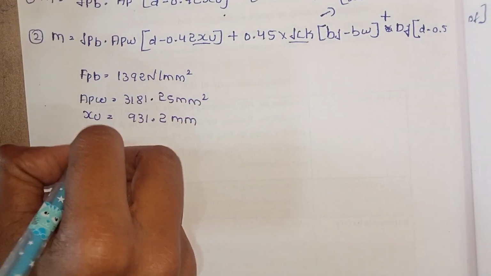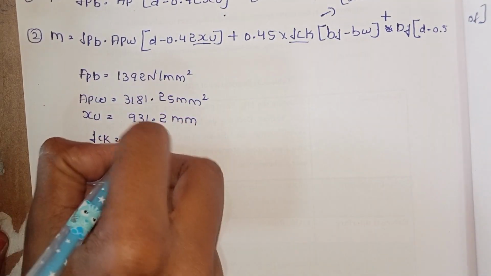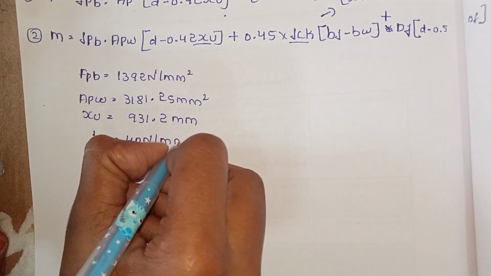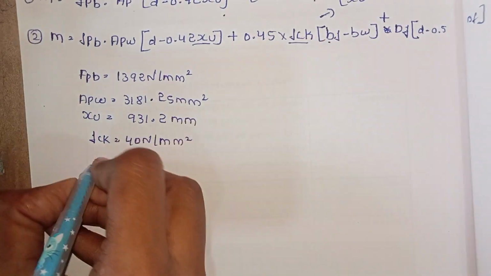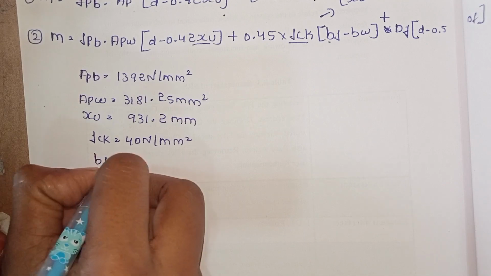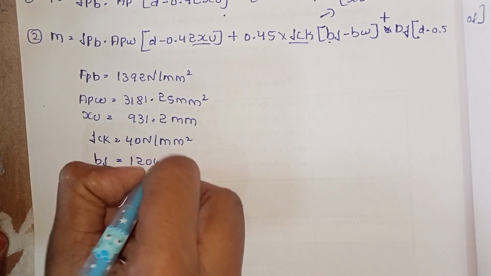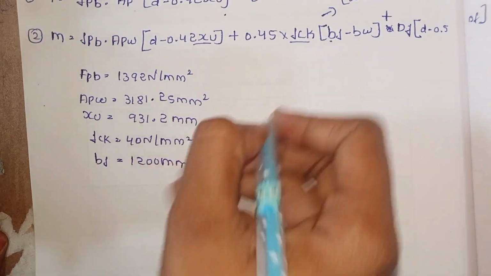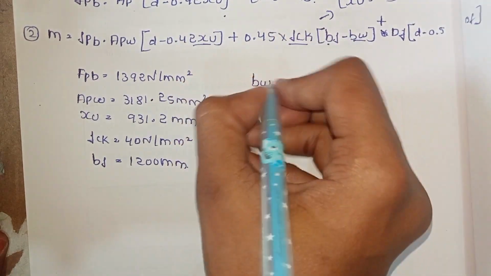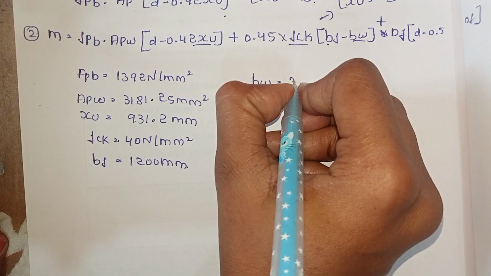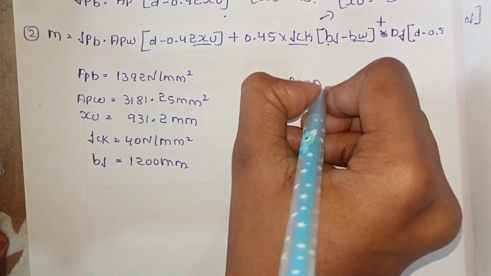Next FCK value is given in the question, 40 Newton per mm square. Next BF, the width of the flange, given in the question, is 1200 mm. Next BW, the width of the web, is 300 mm.